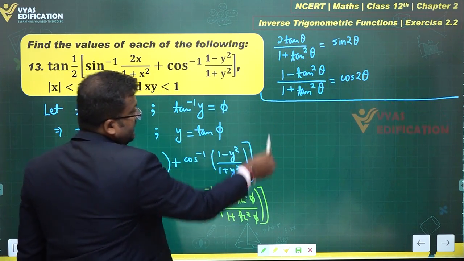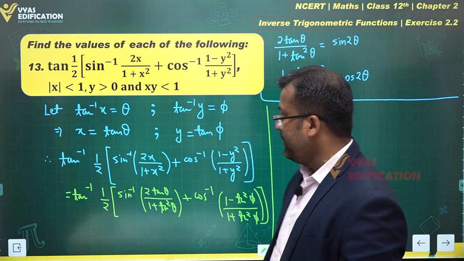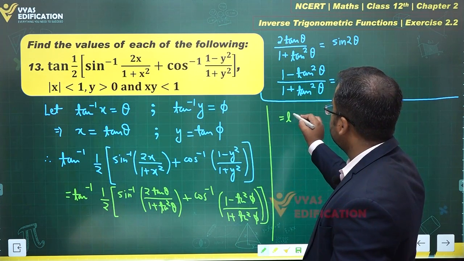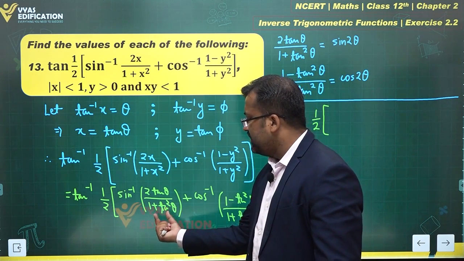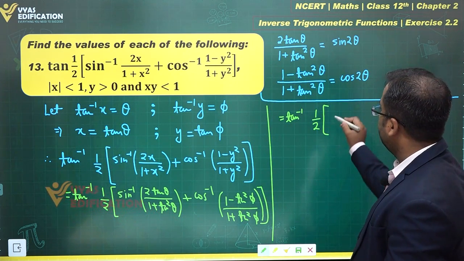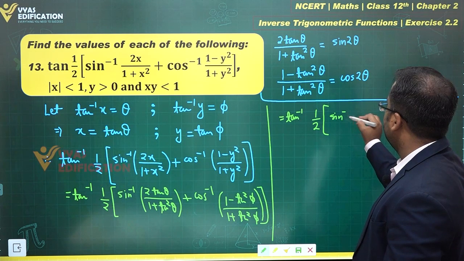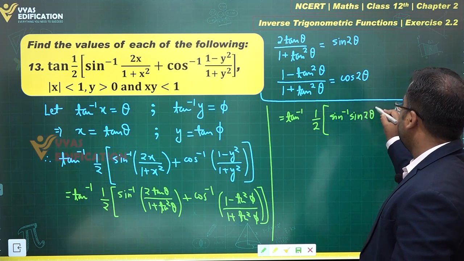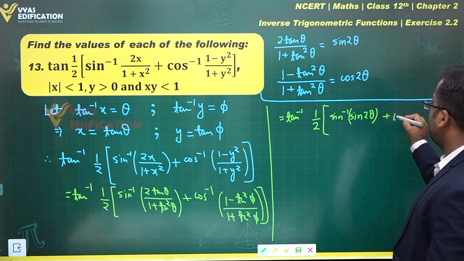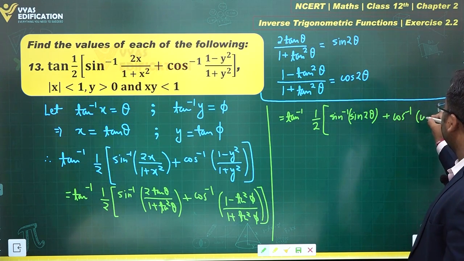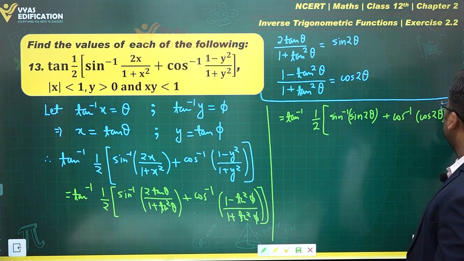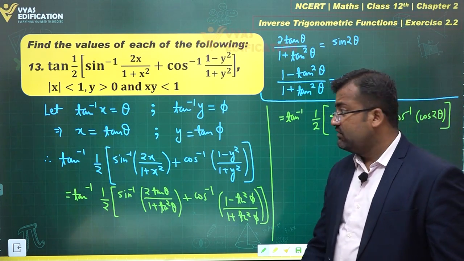Since you have crossed this level, the next step will be to write this as tan inverse 1 by 2 of sin inverse sin 2 theta plus cos inverse cos 2 phi.